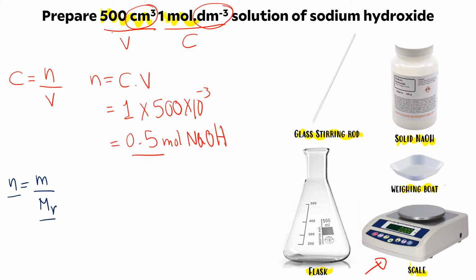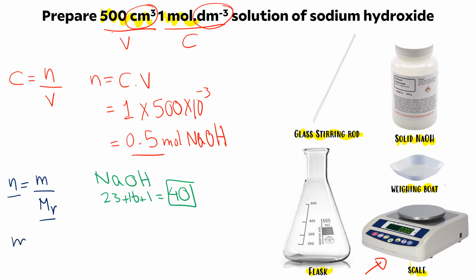So we already have the number of moles. How can we calculate the molar mass? For NaOH, from the periodic table, we can find the mass numbers of the elements: 23 for sodium, 16 for oxygen, and 1 for hydrogen. So the molar mass is 40. Let's write it again.